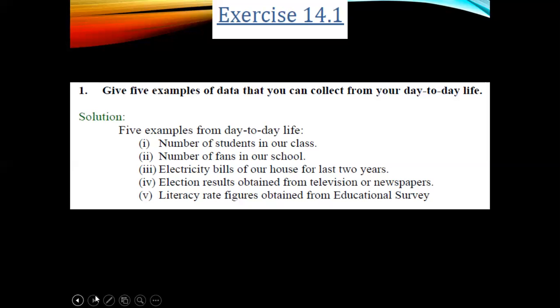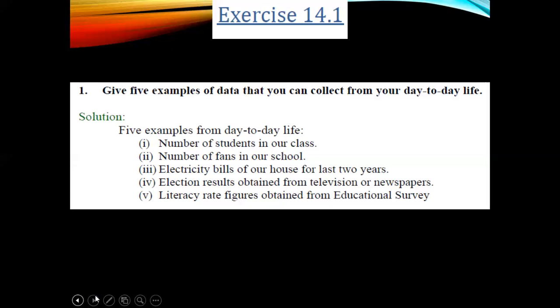Electricity bills of our house for the last 2 years. If you go back to the electricity bills, you can get the data of how much consumption of electricity happened at your place. So the data that you collect from those electricity bills will again be primary data.